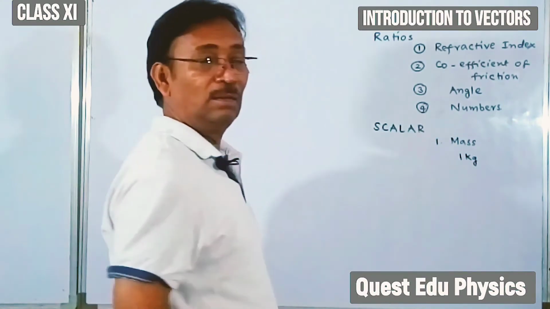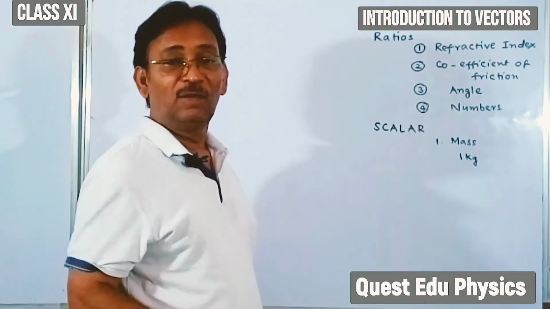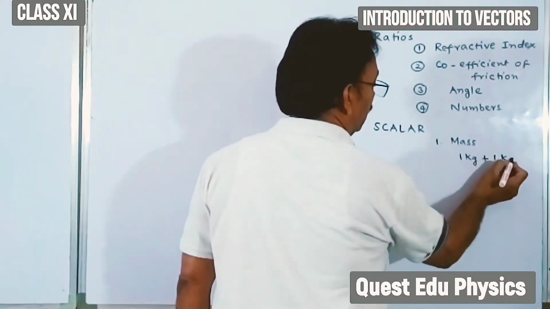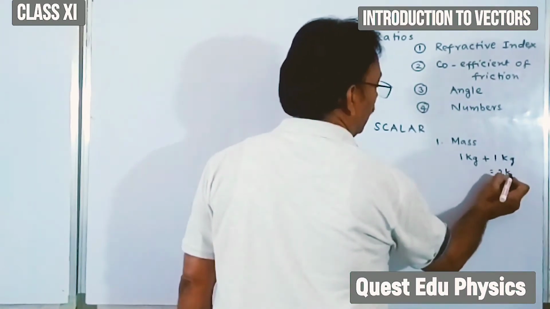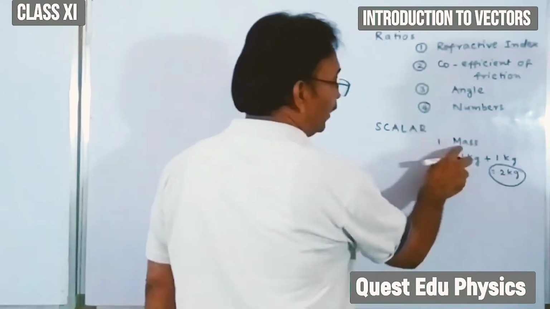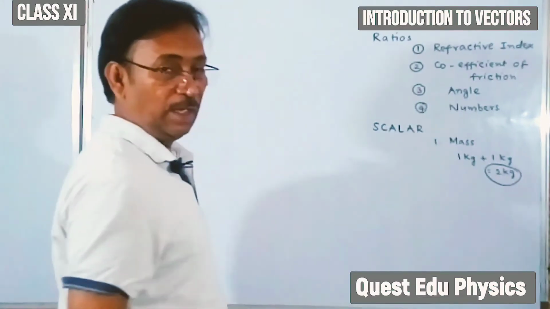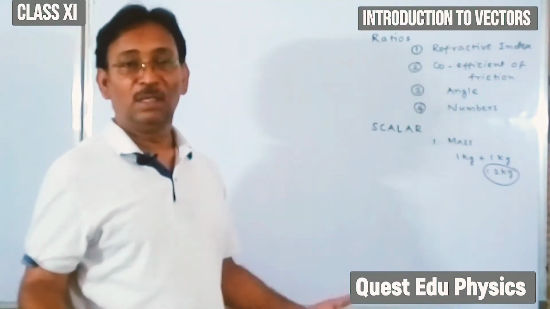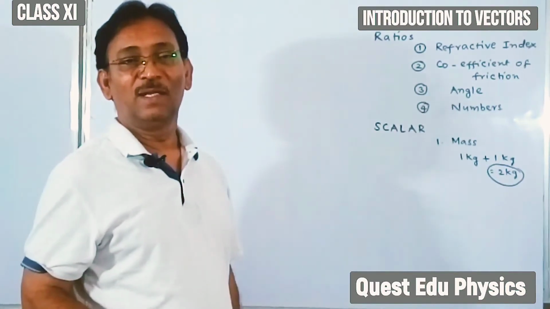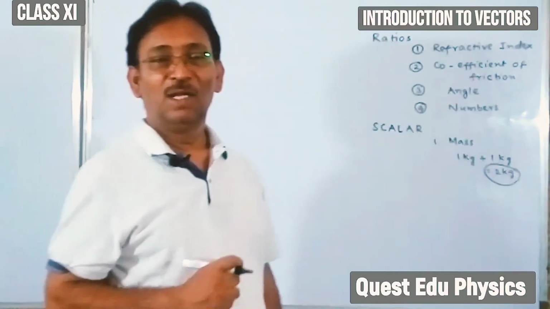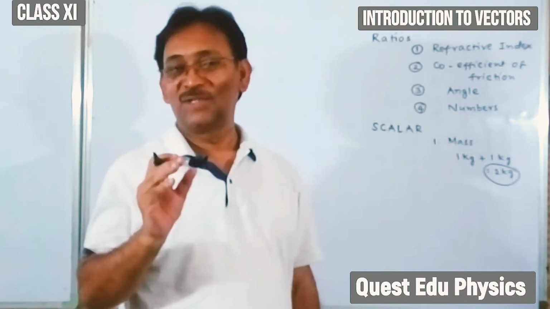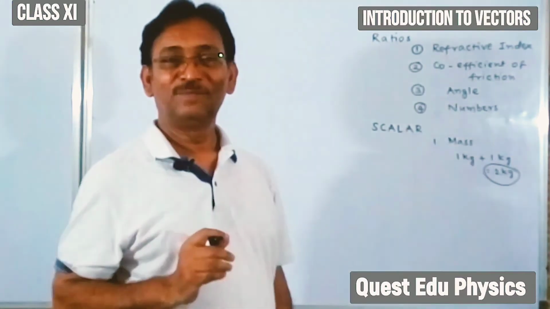And if we add 1 more kilogram, then 1 plus 1 is equal to 2 kg. 2 kg is the magnitude of the mass. It doesn't have any direction. The physical quantities which have magnitude without direction are scalars.